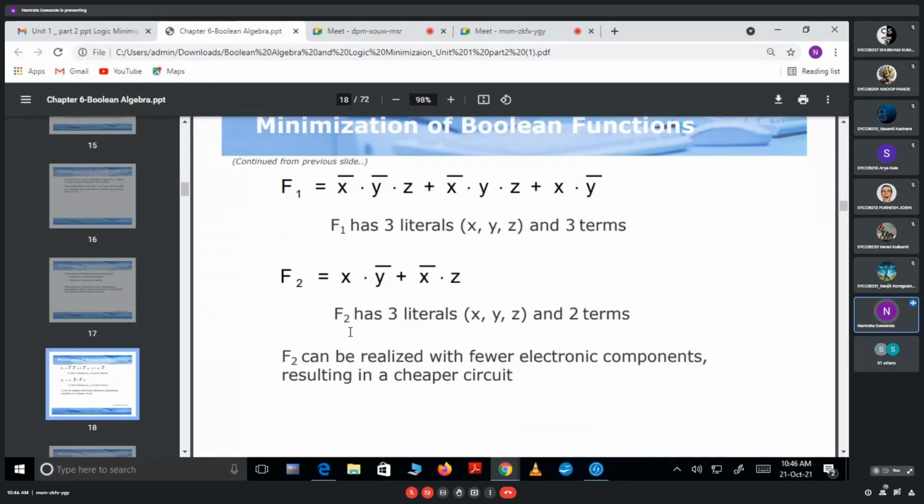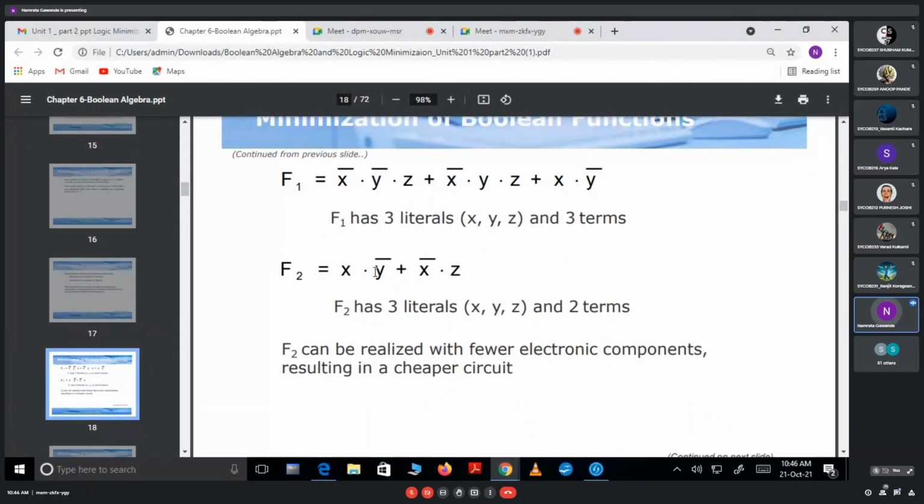Right? Just go through the second equation, x dot y bar plus x bar dot z. In this particular Boolean function, again there are three literals, x, y, and z. But not all the literals are present in both the terms. Here you can see z is absent and here you can see y is absent.